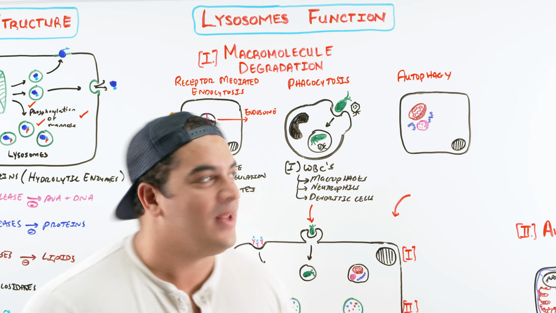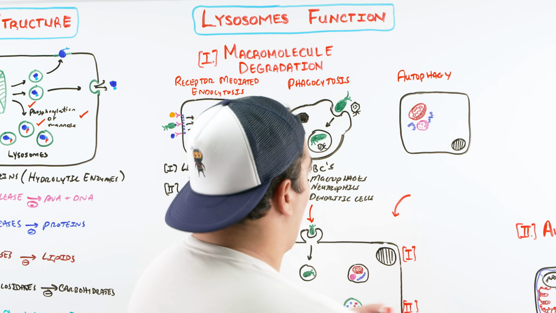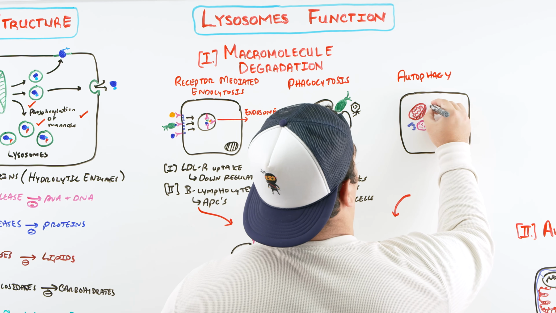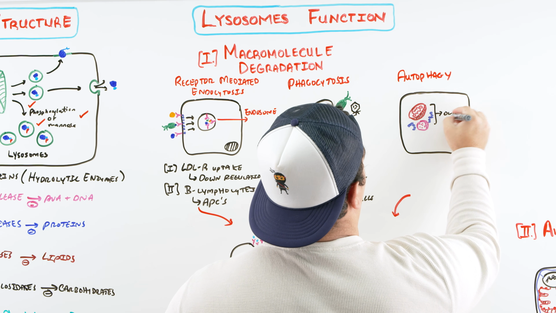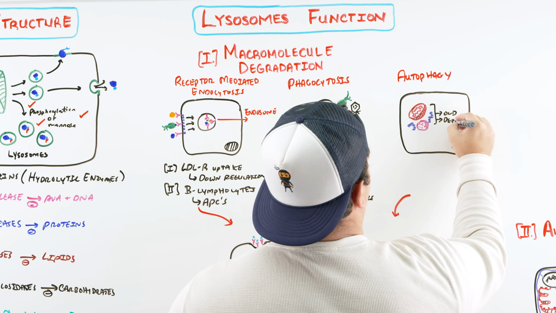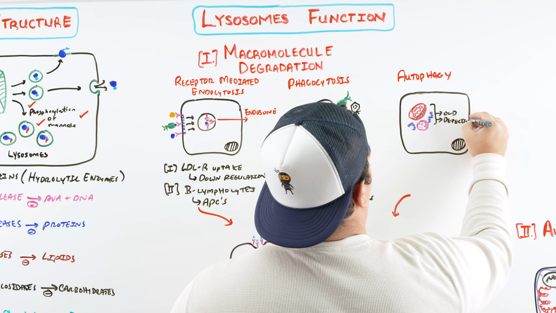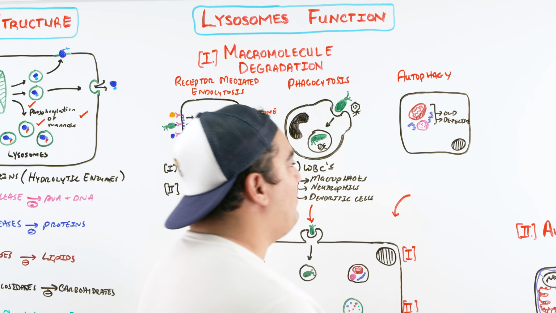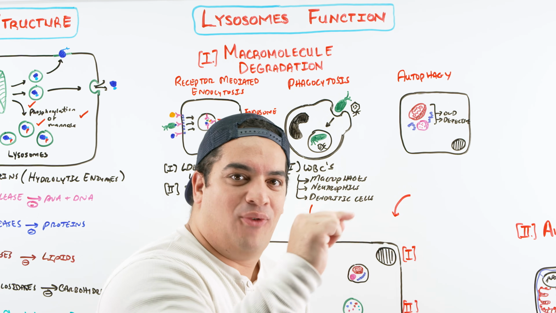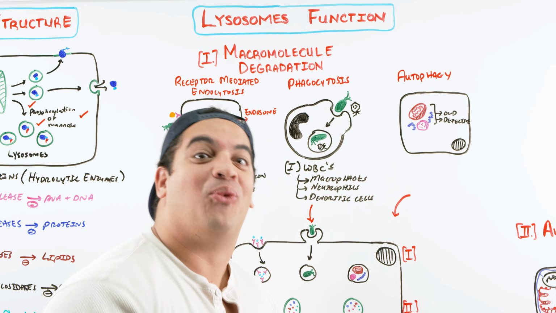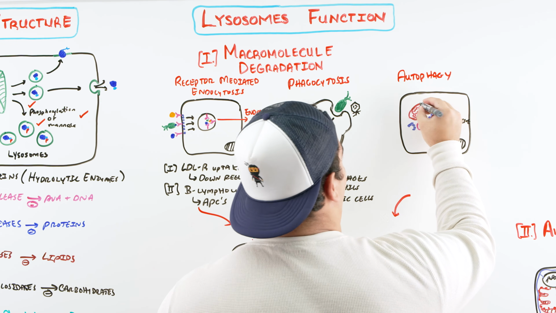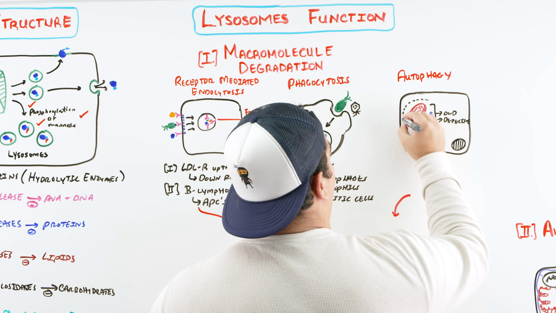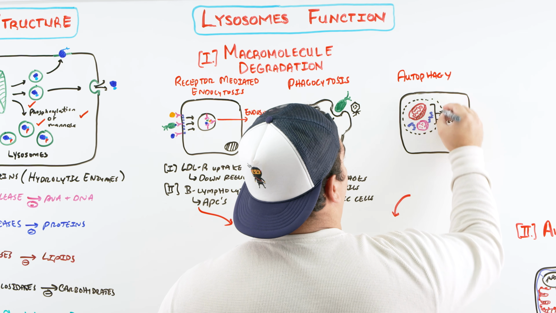So in other words, let's say here you have an old mitochondria. All of these things are old, they're defective, they're just not working as well anymore, okay? And so what happens is you start to form this membrane around these old defective organelles and proteins. So I'm going to start forming this makeshift membrane here.